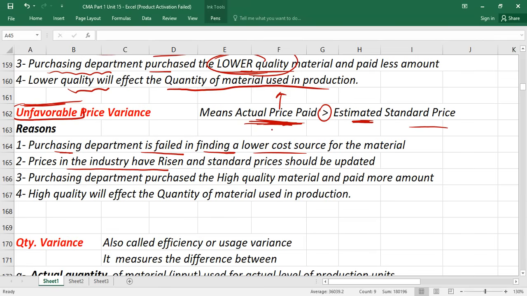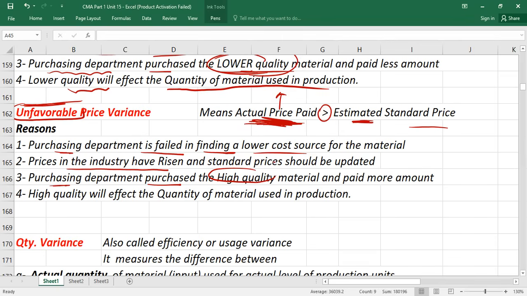Then why is your actual price higher? Third, maybe the purchasing department purchased a high quality material. Let's assume you asked the purchasing department to buy B category material, but they bought A category material. Obviously, when they buy high quality, you have to pay high prices.